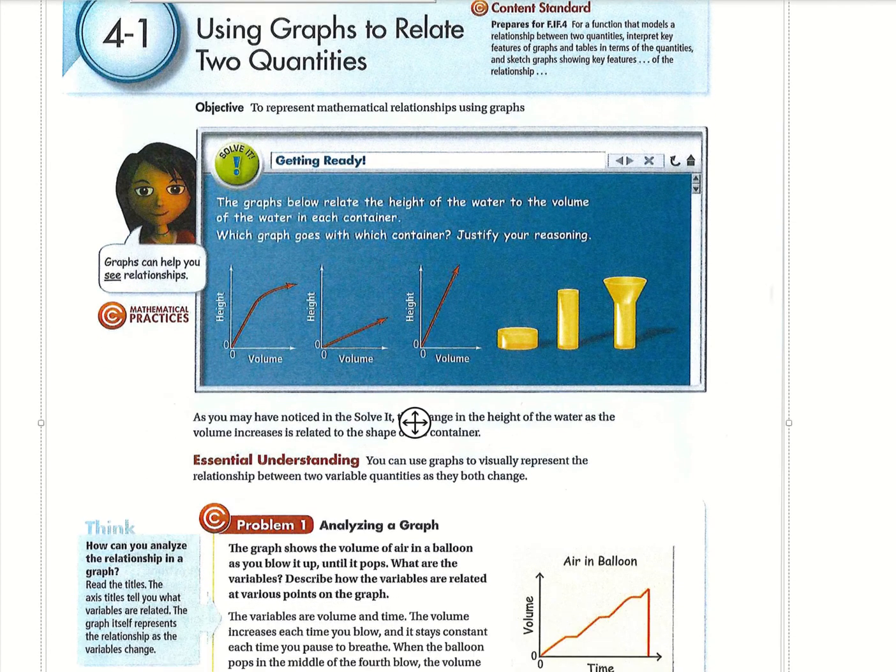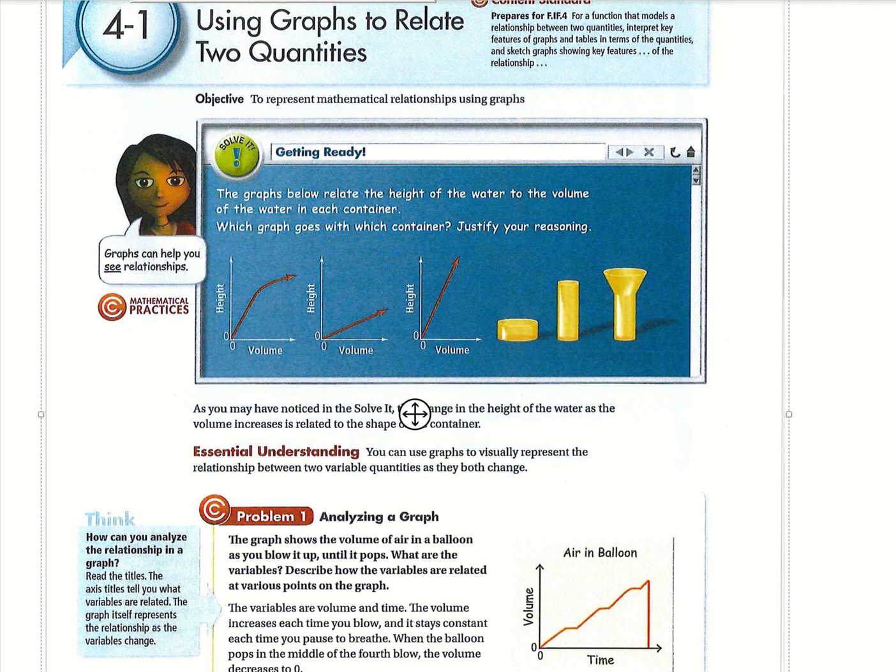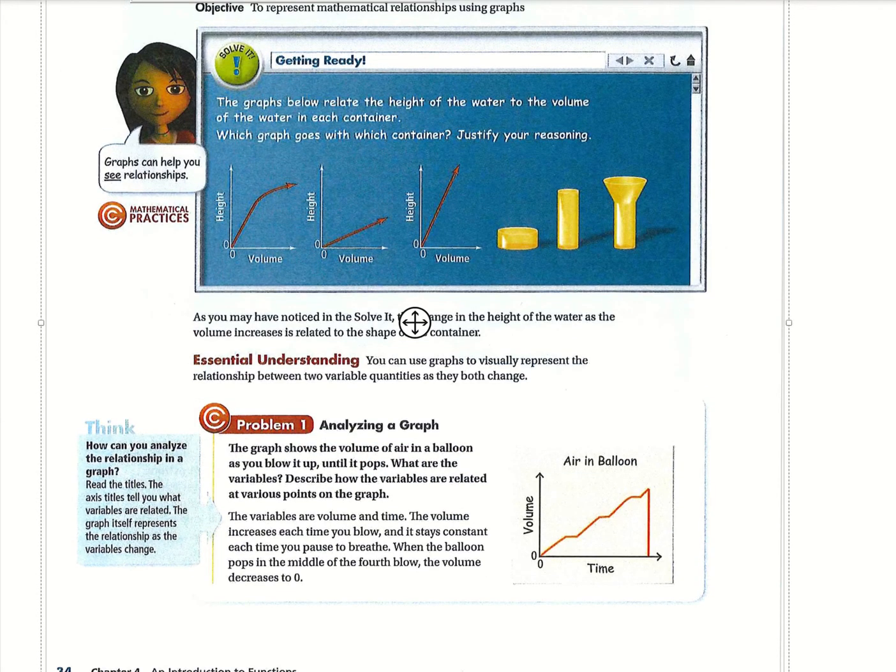We're just going to look at this first one here. This little solve it, getting ready, with the lady saying graphs can help you see relationships. I want you to go ahead and do this one on your own.